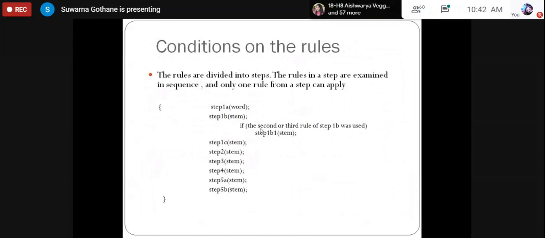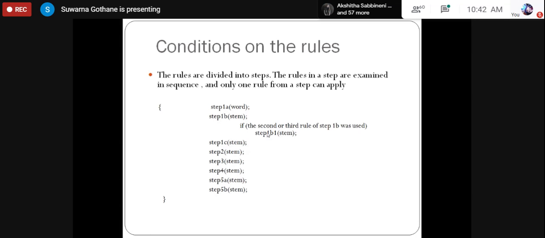This will not give any meaning. This may be called an algorithm, but until and unless you go from step 1 to step 5 with an example, it is not going to be understandable. So how is this stemming applied to a word? For that you need to follow the step by step example, and that example you need to write in the exam.